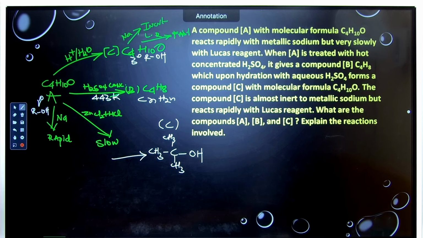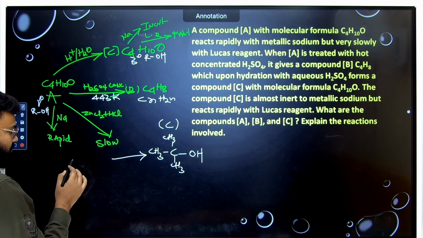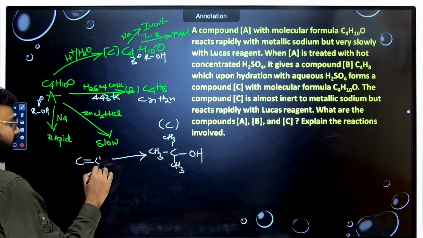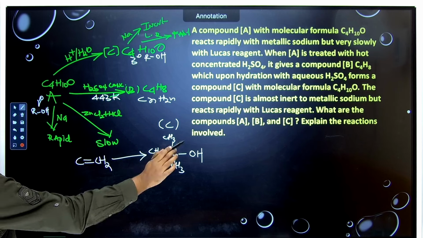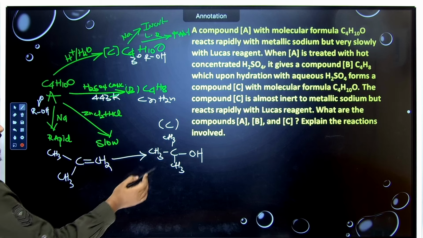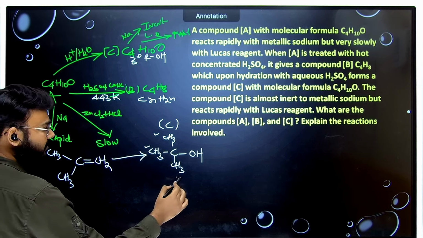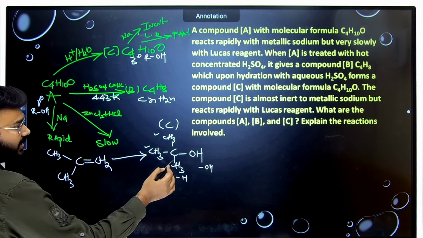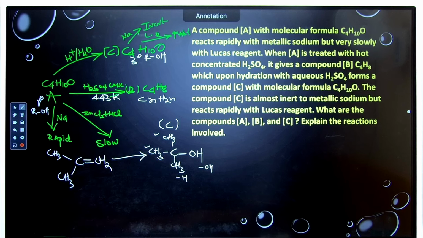It will give you your alkene, C4H8. So our alkene must be this. I'm removing one hydrogen here, so it becomes CH2. Putting a double bond, remove the OH, and these two are the CH3. You can see these two groups are as they are. From here I have removed the hydrogen and from here I have removed the OH. And because of that, in between there is a double bond. So this is our B.